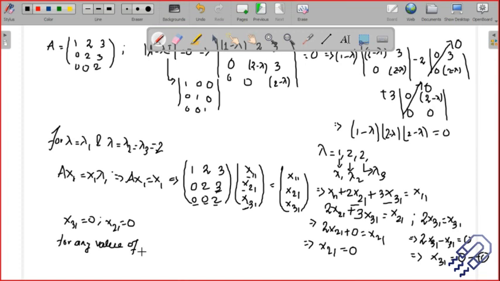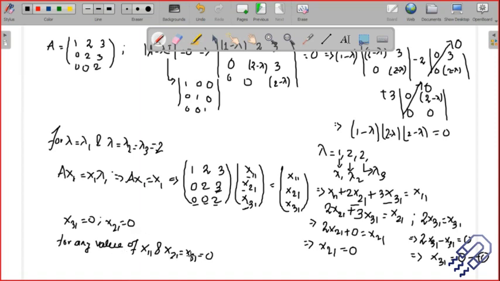We are going to do one more sum where you'll see that probably all these three won't correspond to 0. For any value of x11, x21 and x31 is equal to 0.